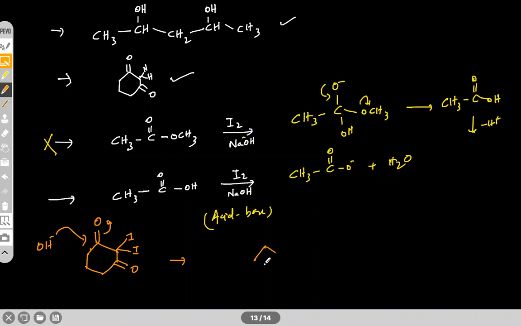So it converts into this one, O minus, OH. And here we have CI2, double bond O, correct? Now when it comes back, this goes out as a leaving group. So we'll have here this carbon, and here we have 2 iodine.